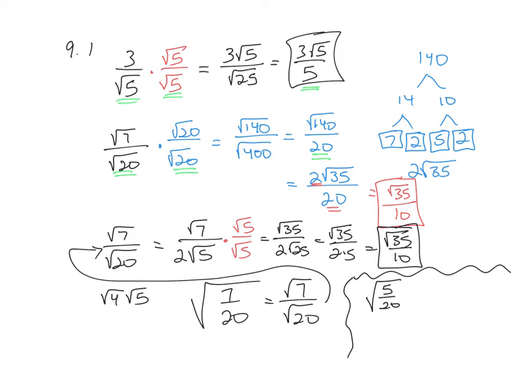You could start to do this whole thing, but I noticed that I can just reduce that fraction. 5 over 20, I can divide both of those by 5. So we get 5 divided by 5 is 1. 20 divided by 5 is 4. Well, the square root of 1 is 1, and the square root of 4 is 2. Done.